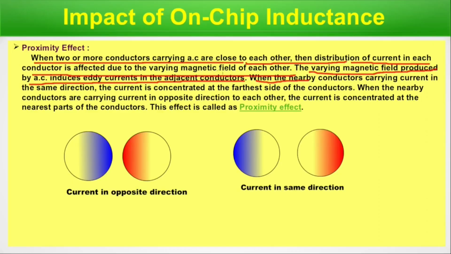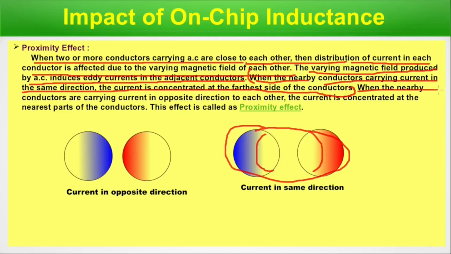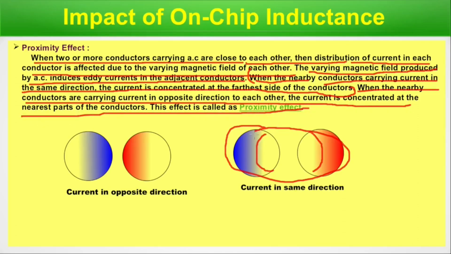This is important: when the nearby conductors carry current in the same direction, the current is concentrated at the farthest side of the conductors. When the nearby conductors are carrying current in opposite directions to each other, the current is concentrated at the nearest part of the conductors. This effect is called proximity effect.